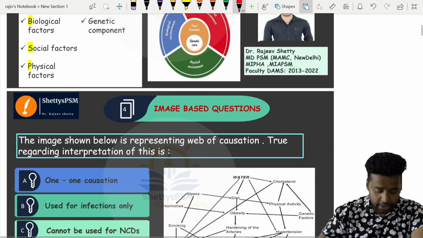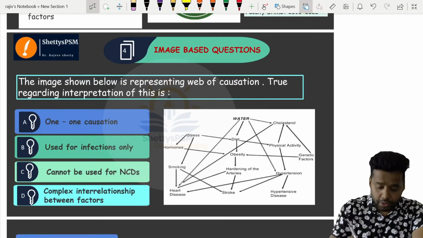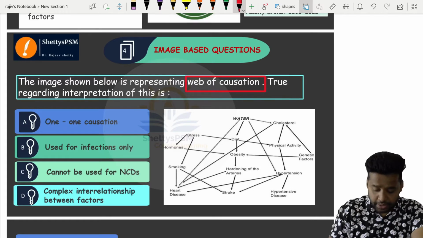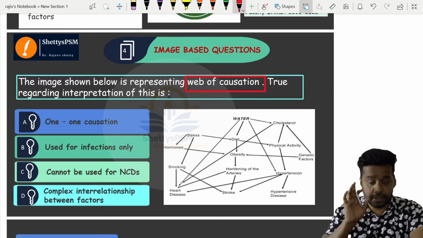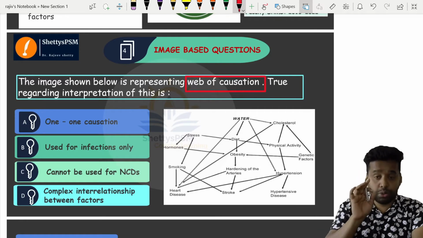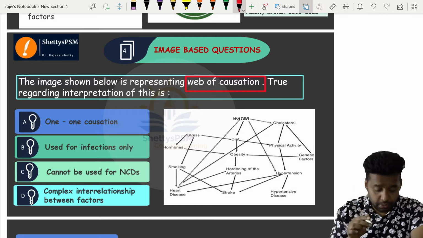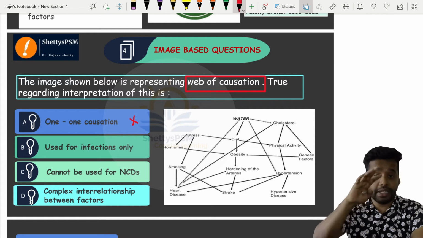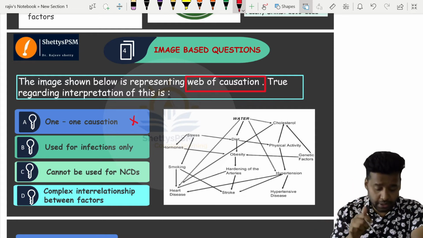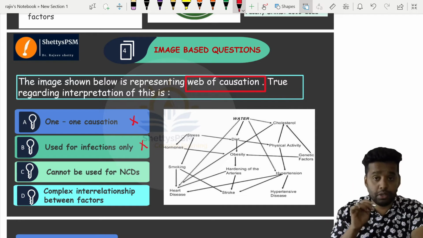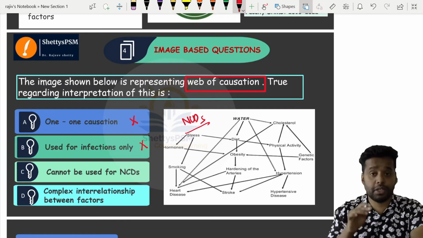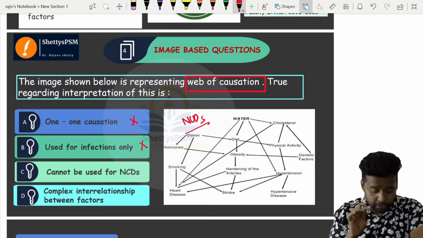Come to the next question. The image shown below is related to the web of causation. You can see the interrelating factors. This is the web of causation. True regarding the interpretation of this: one-to-one causation, no. It is multifactorial etiology with interrelationship among the factors. Used for infections only, no. Non-communicable chronic diseases mainly will exhibit such a web of causation.